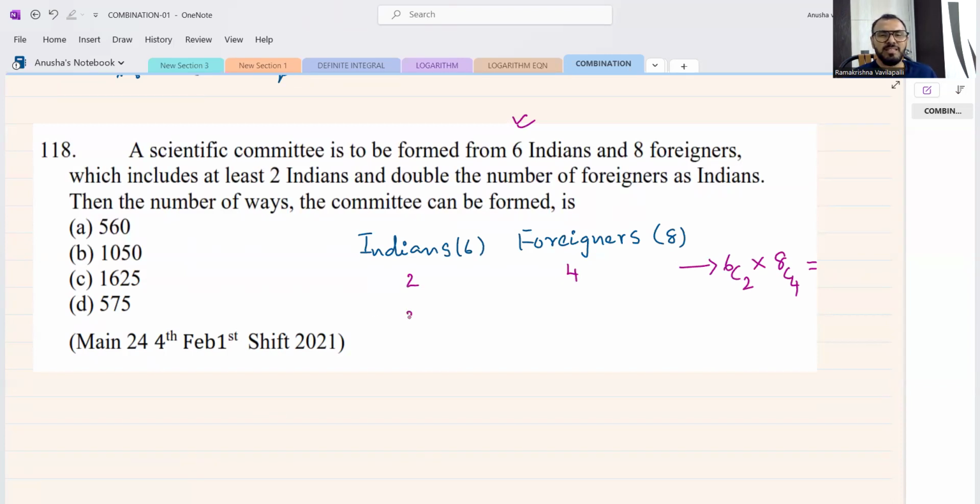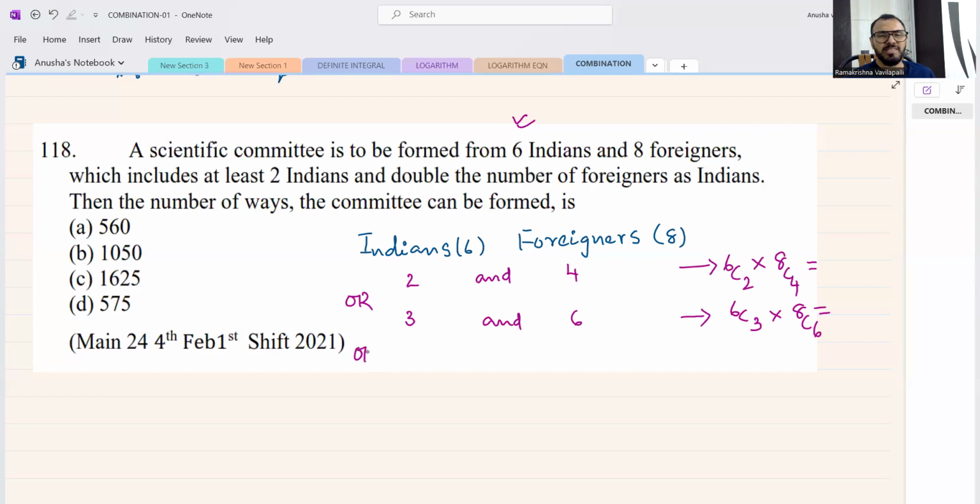Now, if you select 3 Indians, 2 Indians and 4 foreigners, or 3 Indians and 6 foreigners. So this can be done in: select 3 Indians from 6 Indians and 6 foreigners from 8 foreigners equals, I'll write that number.